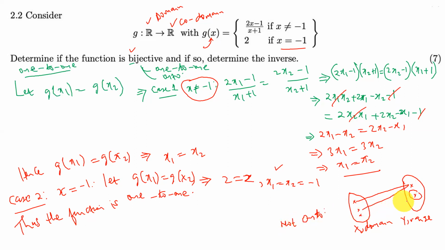If it is onto, then if I pick an image... so now we're asking the question here, is this function an onto function? We investigate. So we have g from R to R. We have the map g, okay, it's easy. This one is not a difficult one, as it seems.